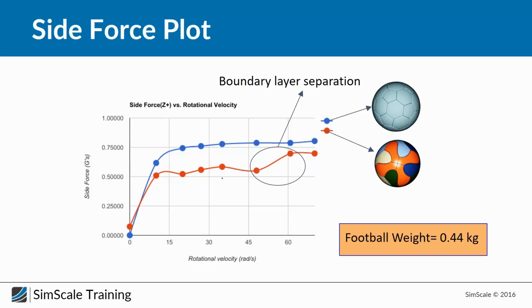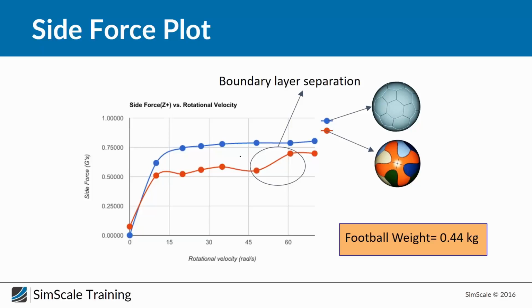And what we can see here is that, first of all, the drag of the standard ball design is nearly higher at any time compared to the new ball. And what we can also see is that we have a jump here.